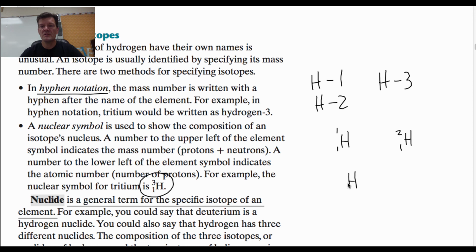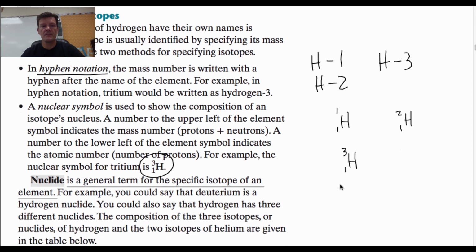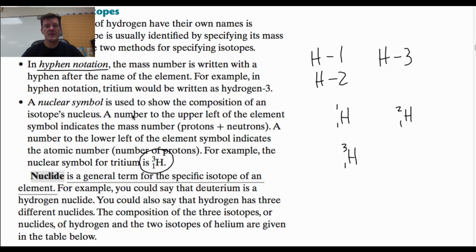And hydrogen 3 would be 3 and 1. Okay. So this is a nuclear symbol. And what does it show? The number in the upper left of the element symbol indicates the mass, and the number to the lower left indicates the atomic number, the number of protons. So 1 proton, always 1 proton, always 1 proton.